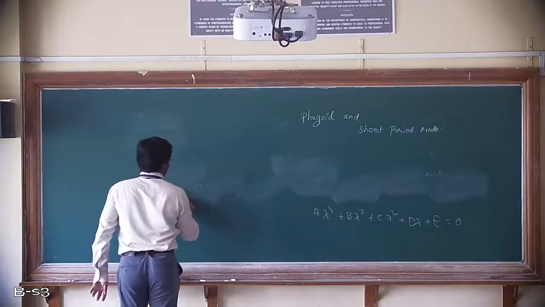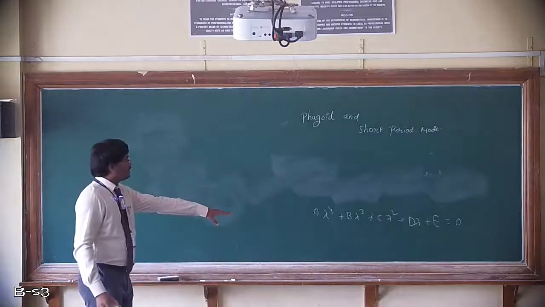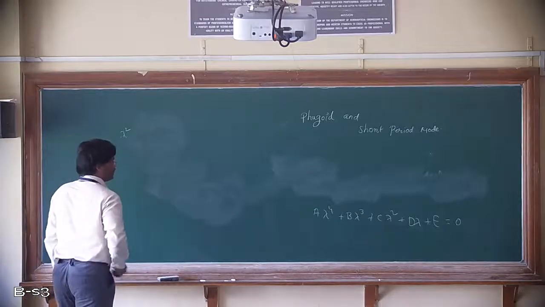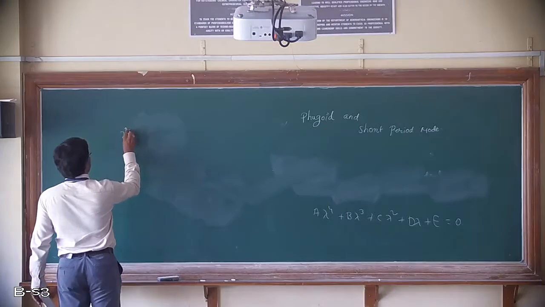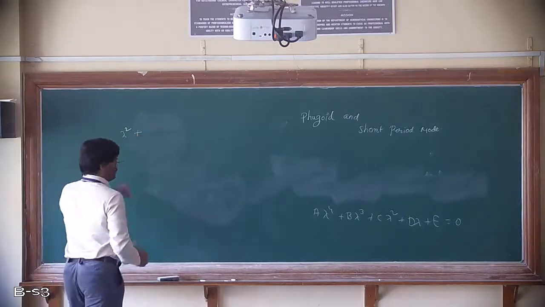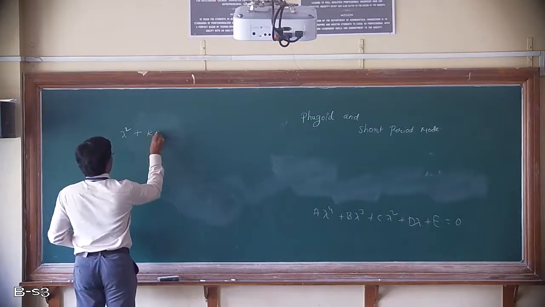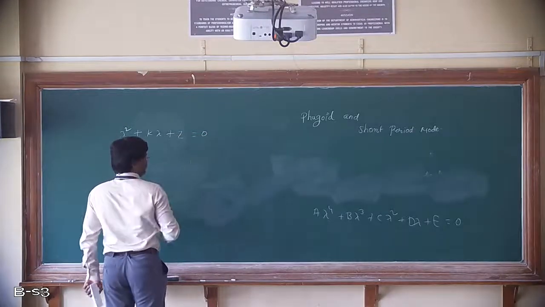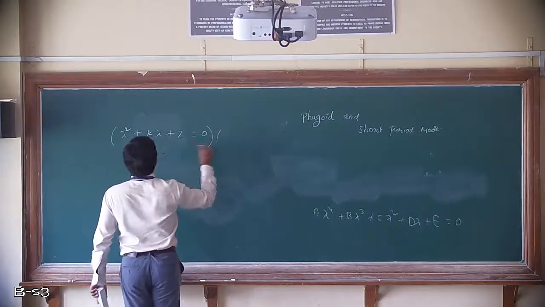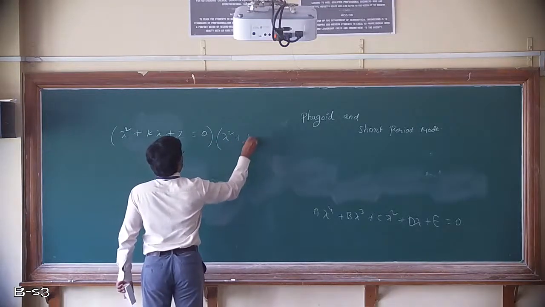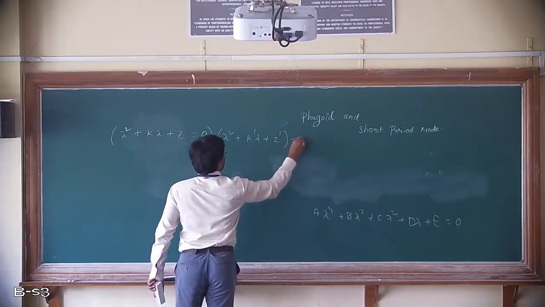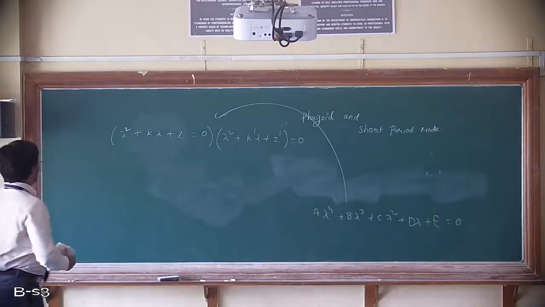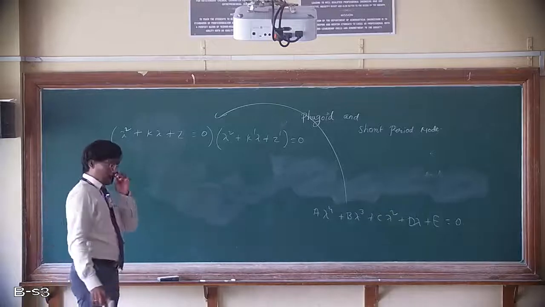If you solve this characteristic equation, you can split it into two second order equations: lambda square plus some k lambda plus some constant is equal to 0, and the other one is lambda square plus some constant k prime lambda plus g prime is equal to 0.